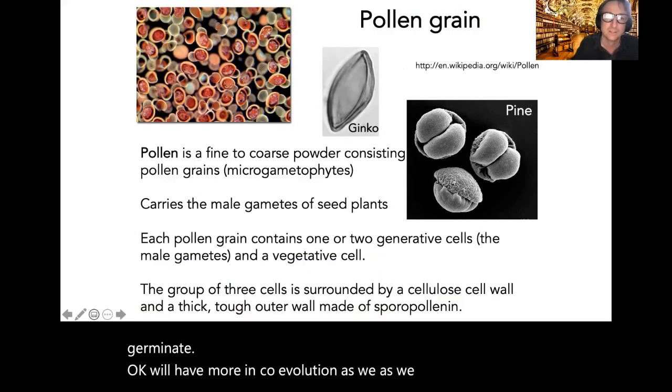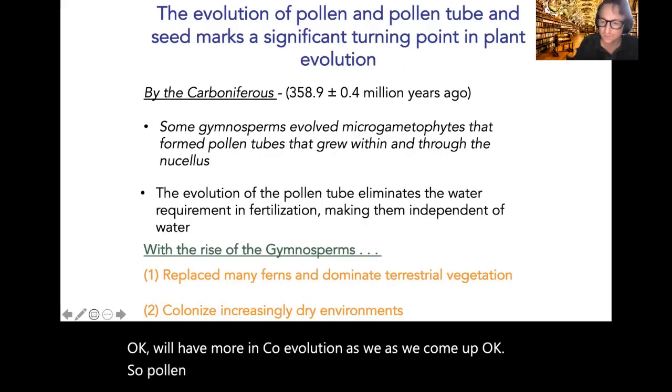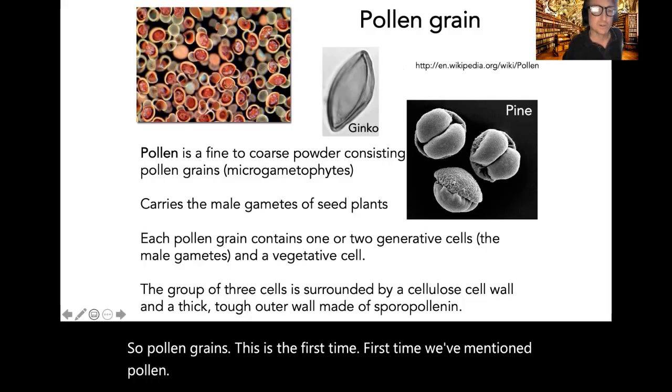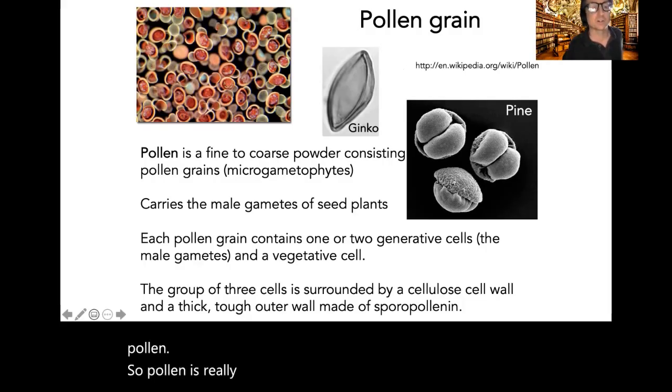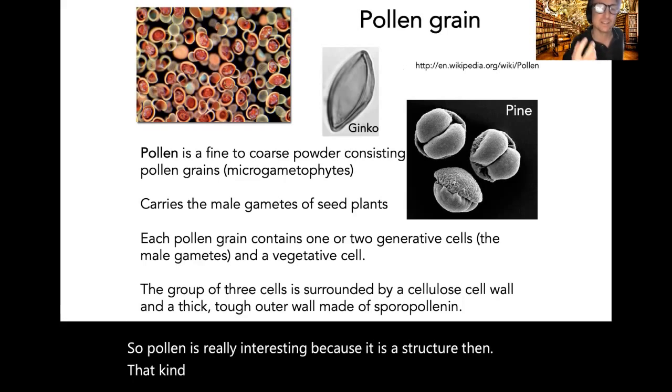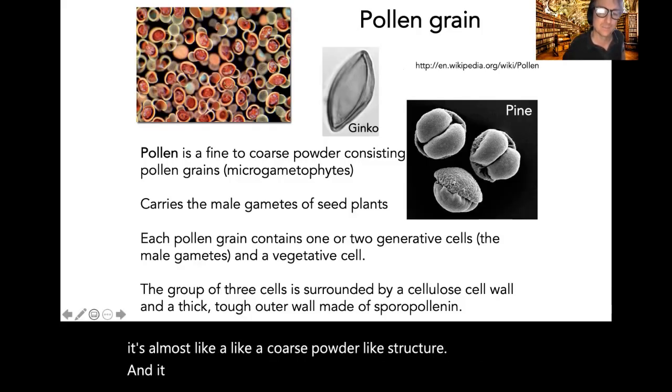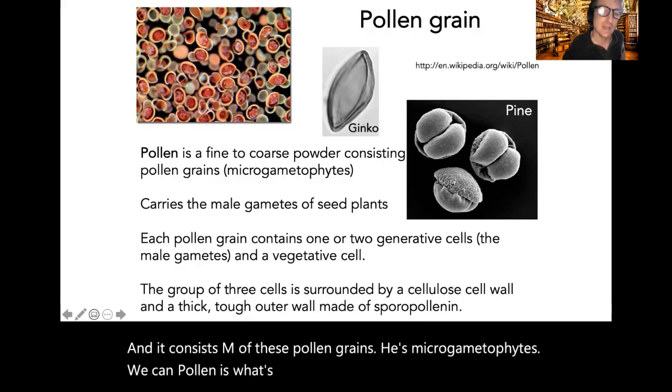Okay, so pollen grains. This is the first time we've mentioned pollen. Pollen is really interesting because it is a structure that contains and houses these microgametophytes, and it's almost like a coarse powder-like structure. It consists of these pollen grains, these microgametophytes. And again, pollen is what's going to be carrying the male gametophytes of seed plants.